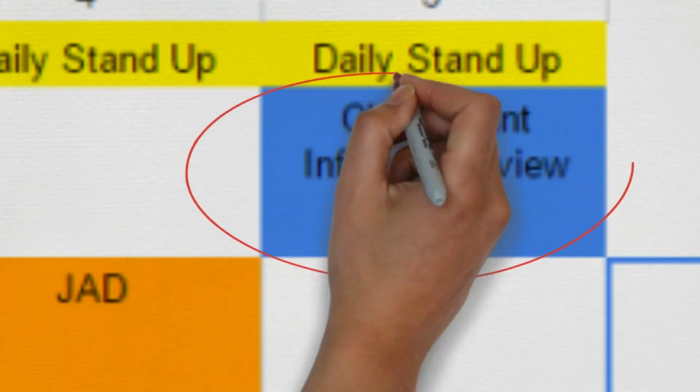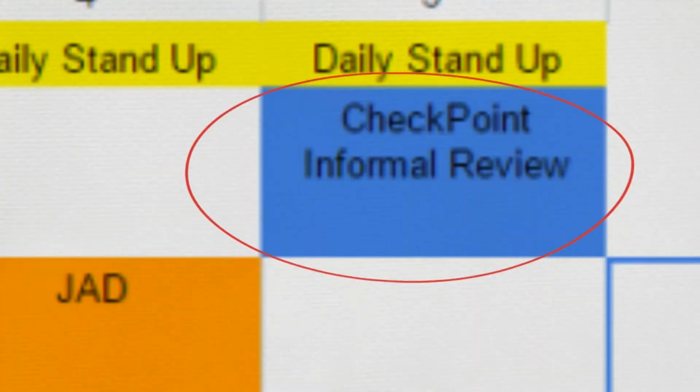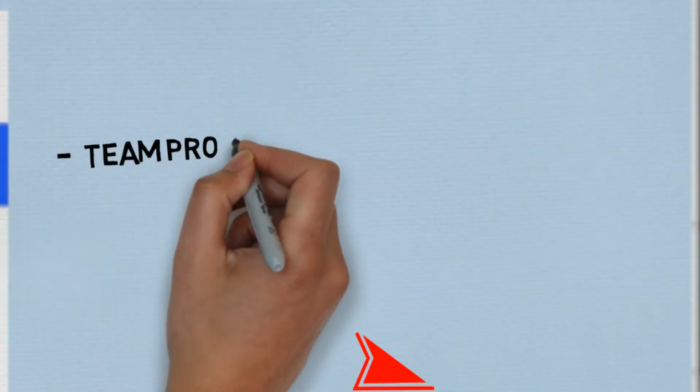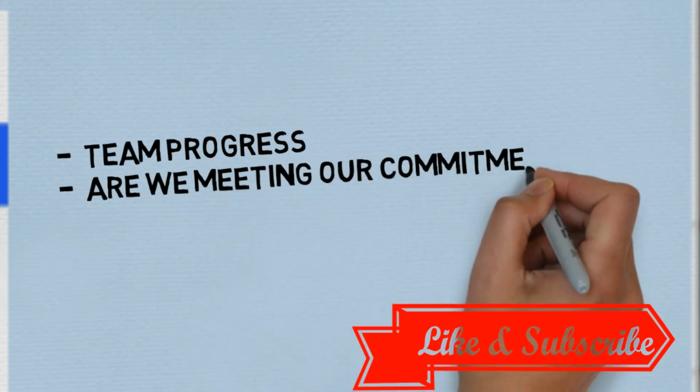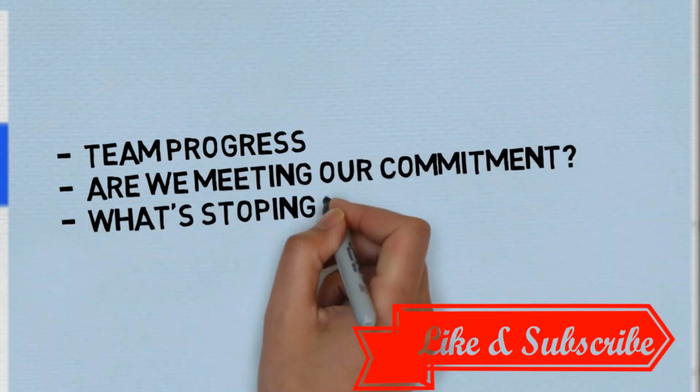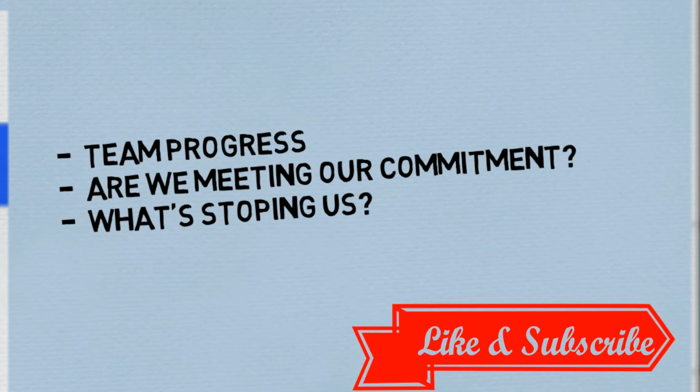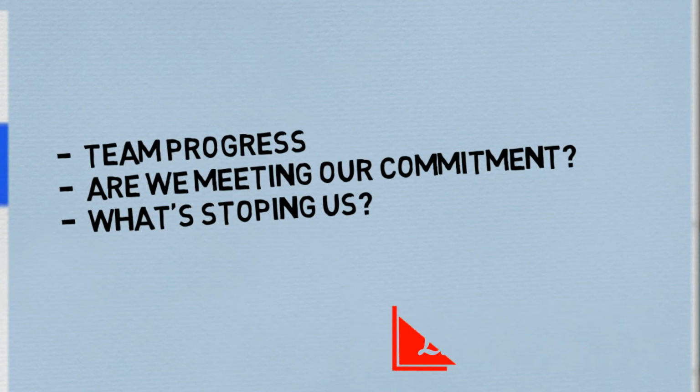Next one is checkpoint informal review. As the name suggests, it is a checkpoint for the development team to check on the progress. How are we progressing? Are we able to meet our commitment or not for the sprint? What is stopping us in meeting our commitment?